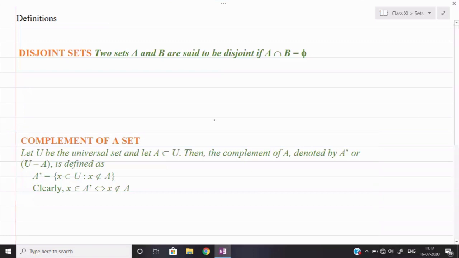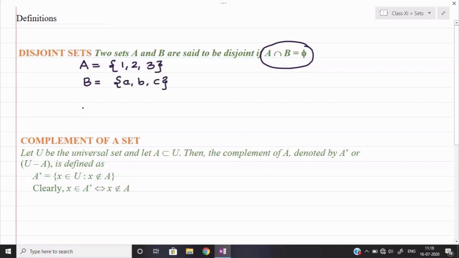As you can see, two sets are said to be disjoint if the value of A intersection B is equal to ∅. For example, suppose A is equal to {1, 2, 3}, and B is equal to {a, b, c}.